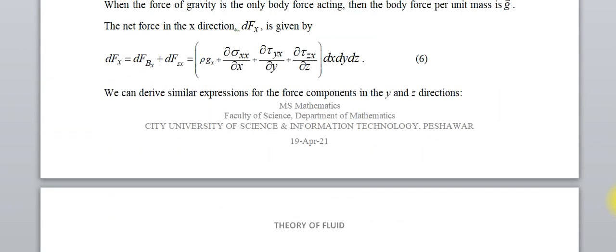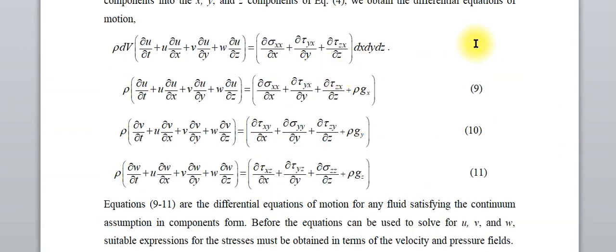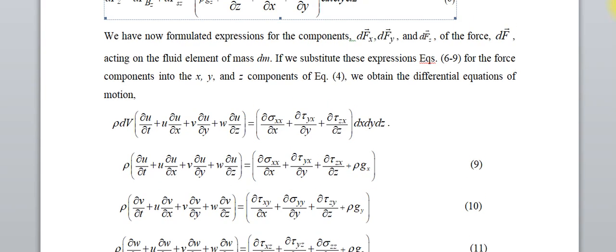So you can see in equation 4 we obtain the differential equation of motion, rho dv. This is the dv, dx, dy, dz, because dm has been changed to rho dv. Mass is equal to rho dv, multiplied by the acceleration, partial u by partial t.